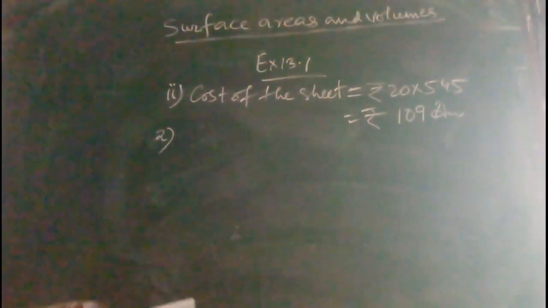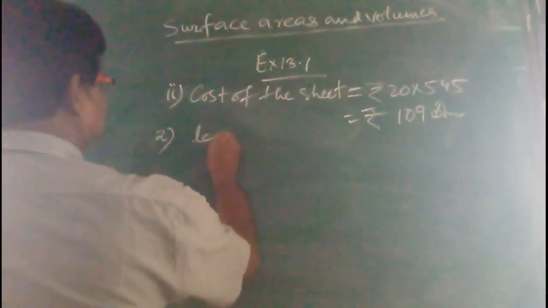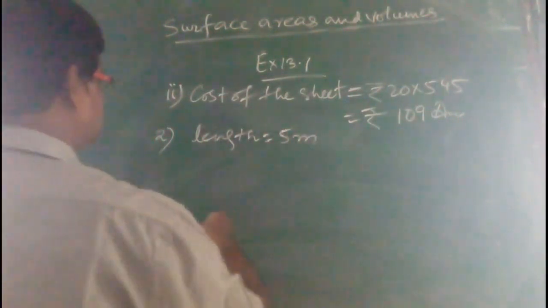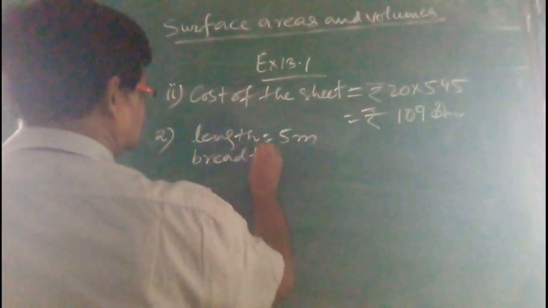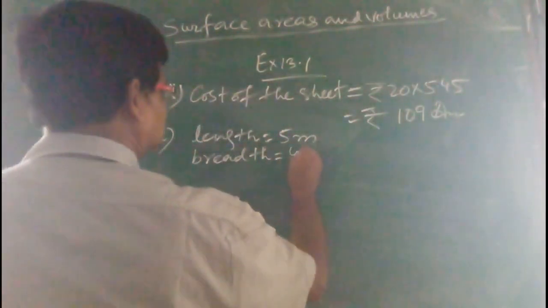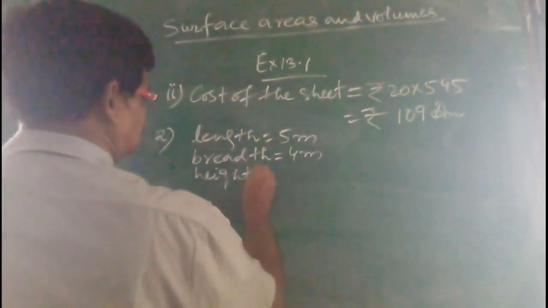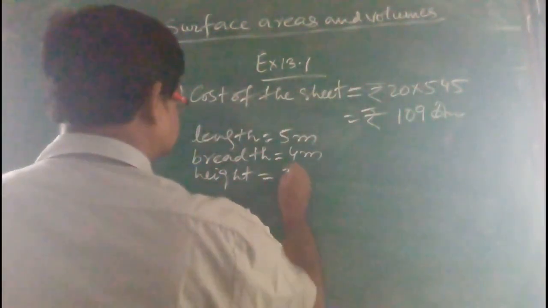So length of the room 5 meter, breadth of the room 4 meter, height of the room 3 meter.